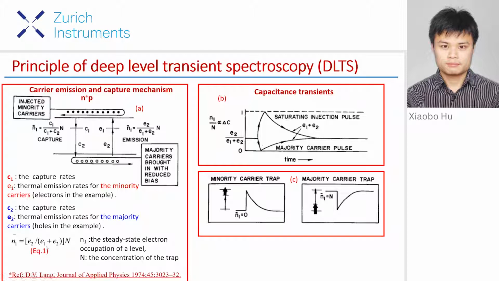And the steady state electron occupation of a level is described by equation 1. Here N1 is the steady state electron occupation of a level, and the big N is the concentration of the trap.